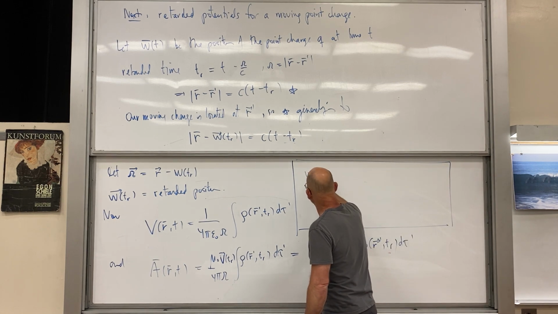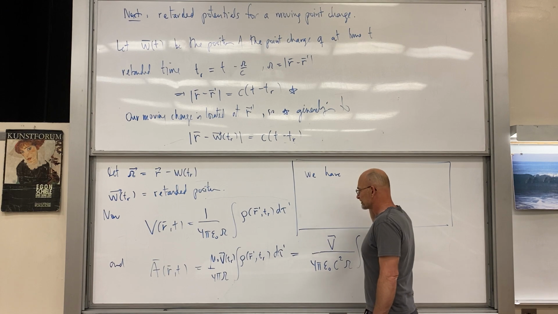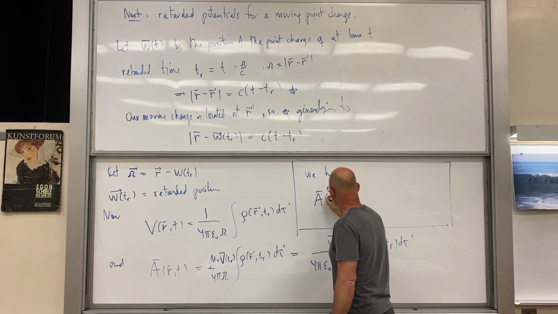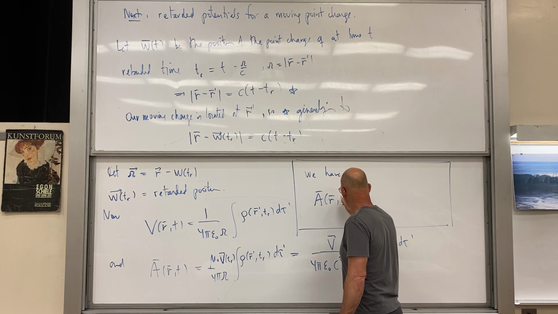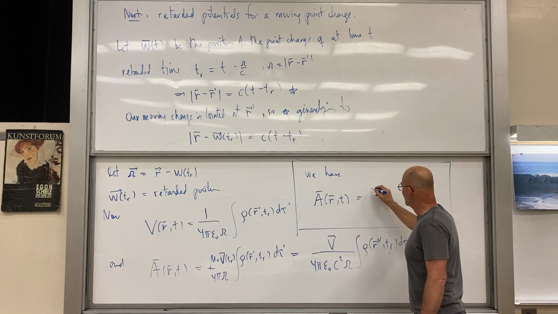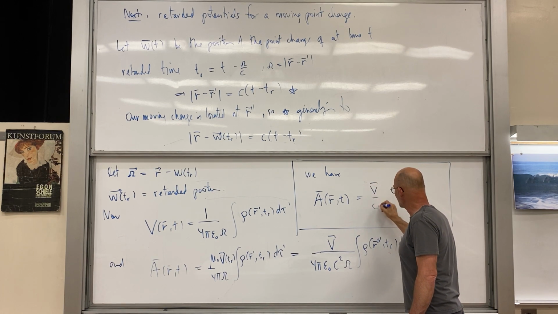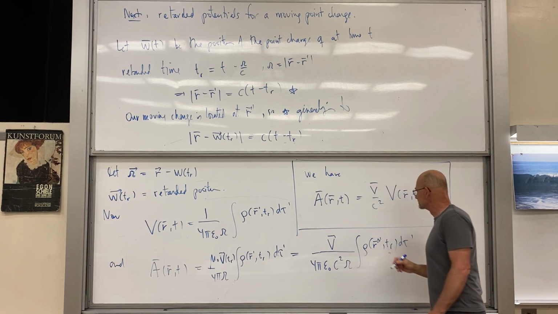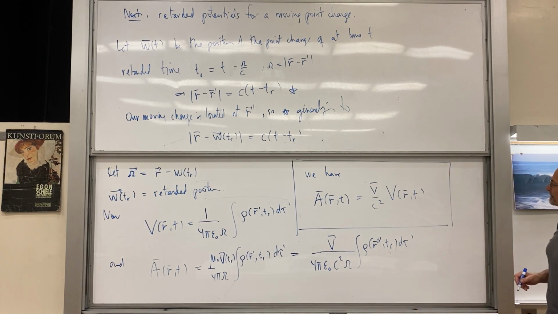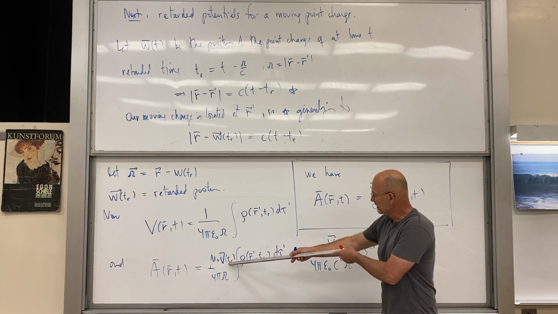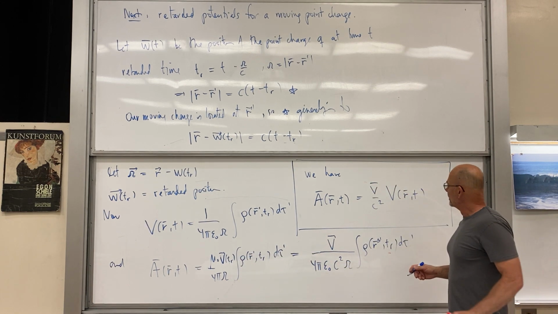So we have A of R t is equal to V over c squared times V of R and t. Of course, this V is in terms of the retarded time and so forth.